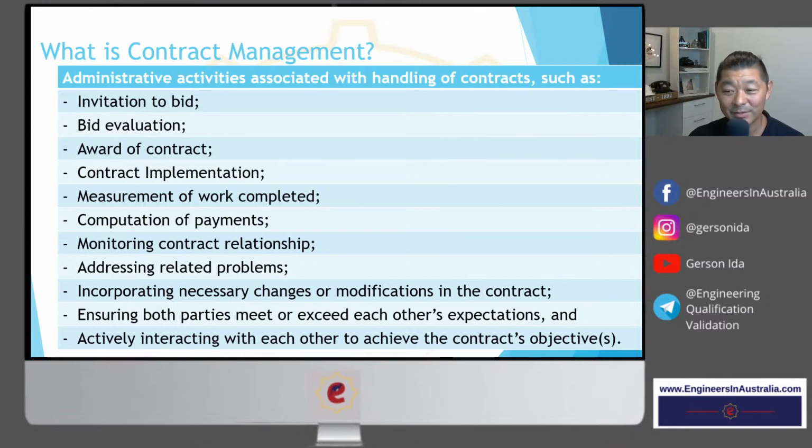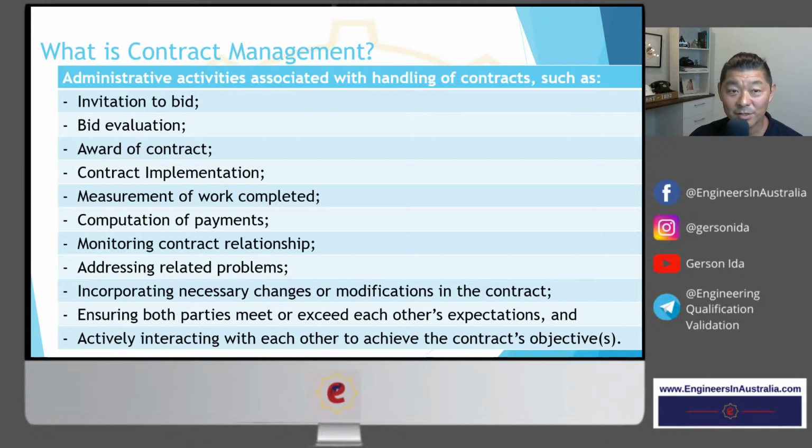So what's contract management? Administrative activities associated with the handling of contracts, such as, every time you do those activities, it means you are practicing contract management, or managing a contract.